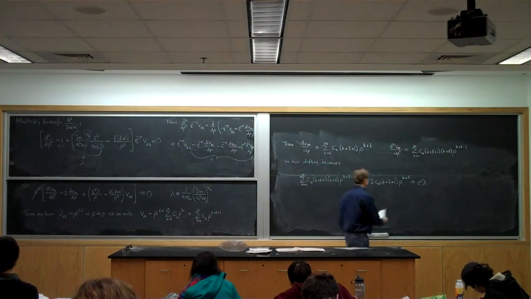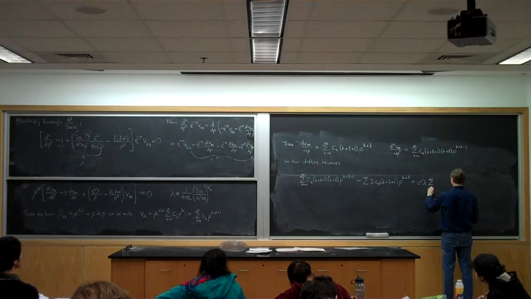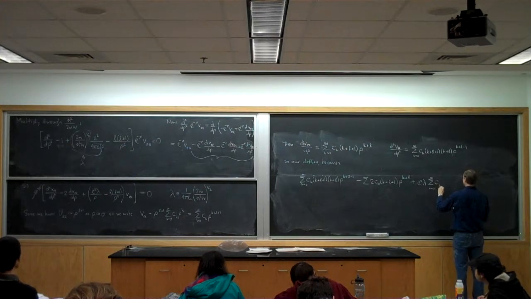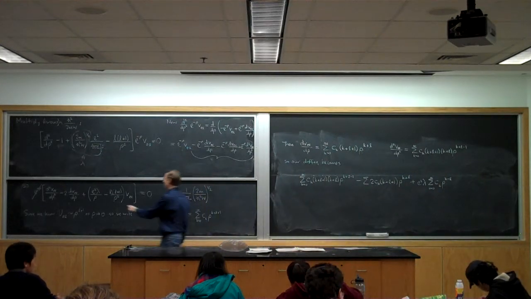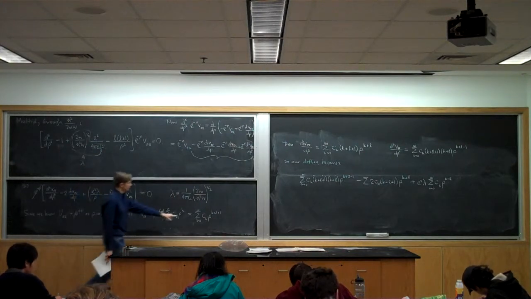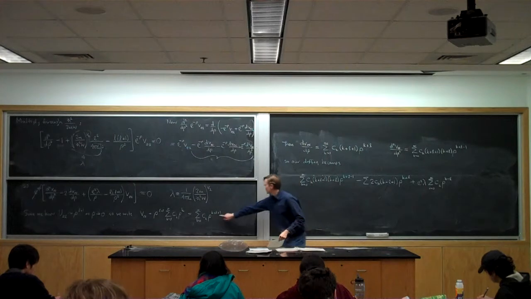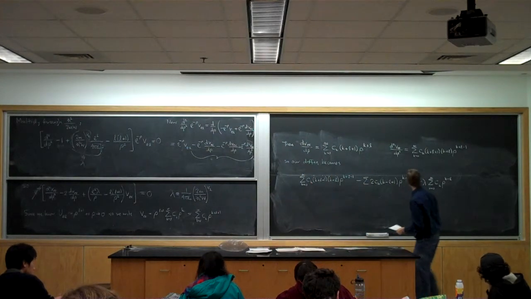So I get plus e squared lambda times the sum from k equals 0 to infinity of c sub k rho to the k plus L, not k plus L plus 1, because I'm dividing through by rho here. Each one gets divided by rho, so it just turns into rho to the k plus L.